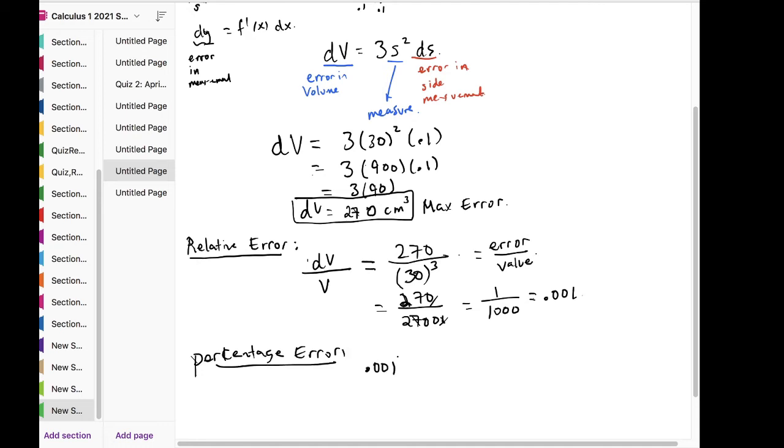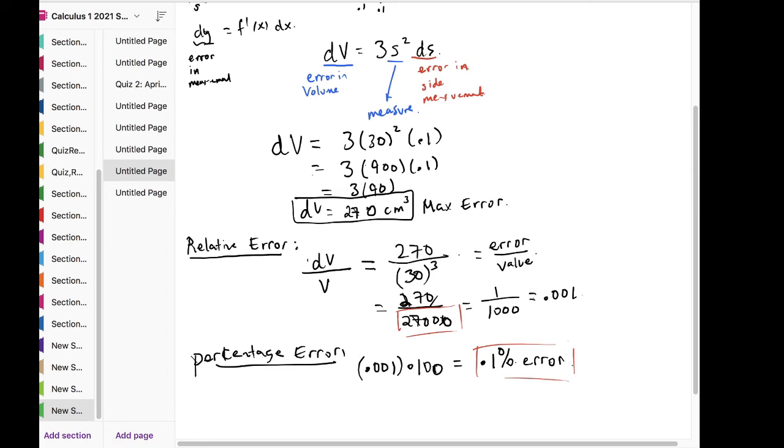You take this and multiply by 100 and get 0.1% error. So relative to what the actual volume is, your measurement that's off by max 270 is at most 0.1% off from the actual measurement. So that's not bad, right? 270 might seem really bad, but relatively, that's why it's called relative. If your volume is 27,000 and you're only off at most by 270, that's not bad, right?